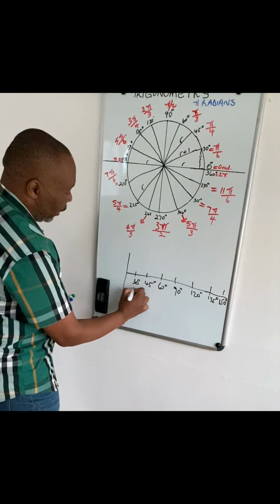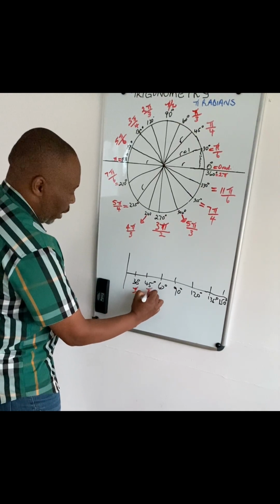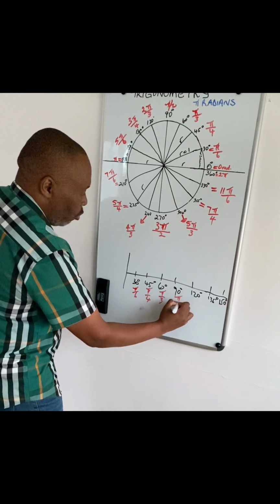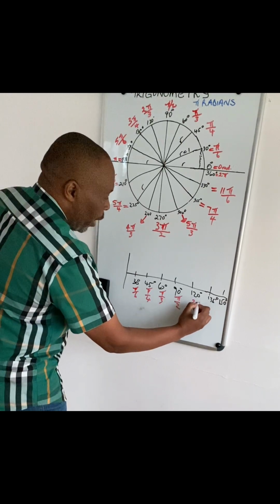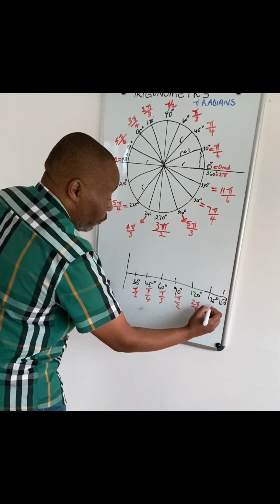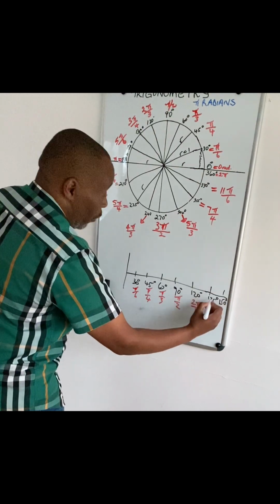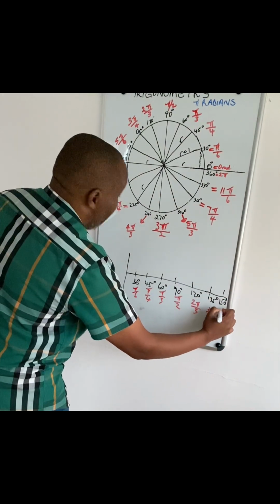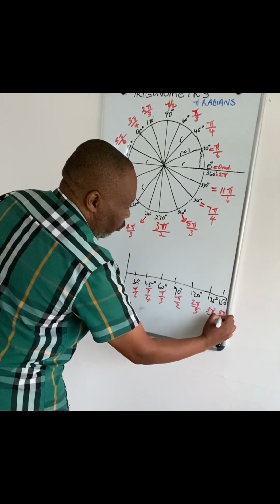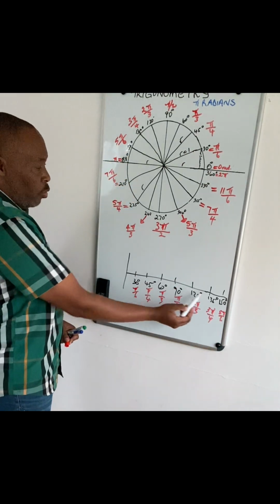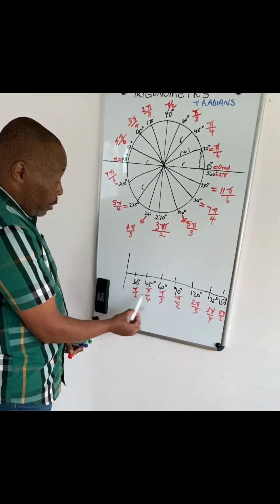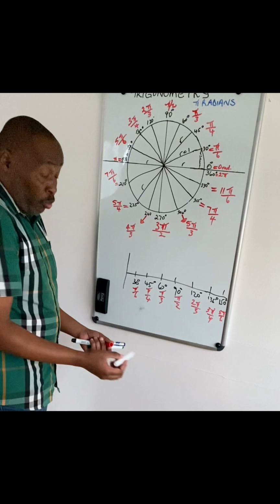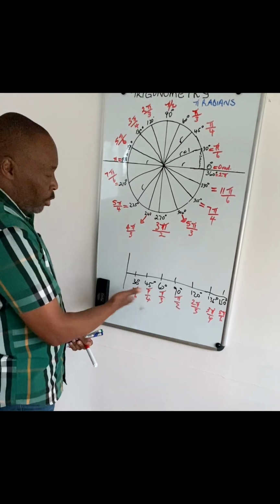So instead of 30 degrees, it's pi over 6, pi over 4, pi over 3, pi over 2, 2 pi over 3, 135 happens to be 3 pi over 4, and 150 happens to be 5 pi over 6. So instead of them giving you in degrees, they can just tell you in radians, or they can give you degrees and tell you to convert to radians, however they put it.